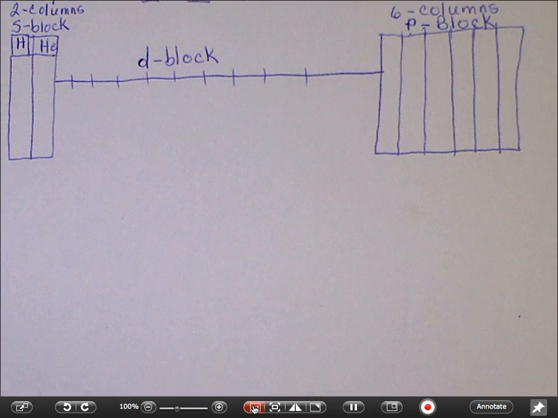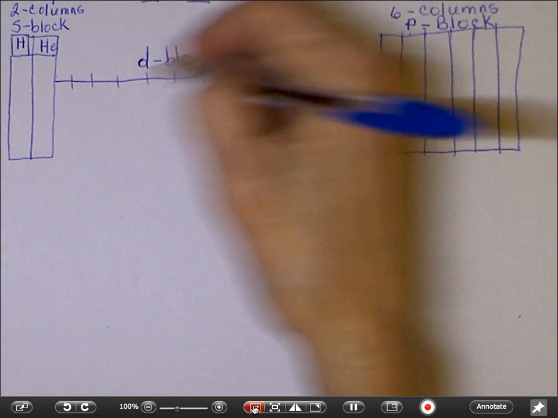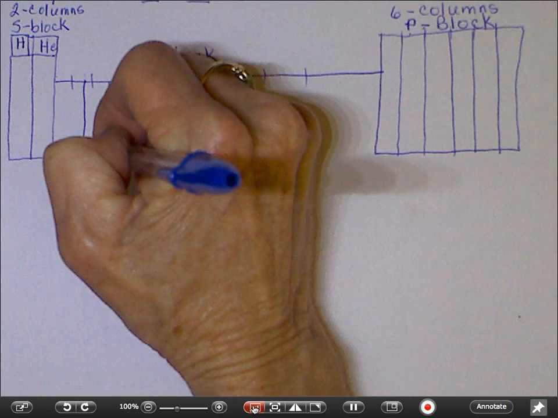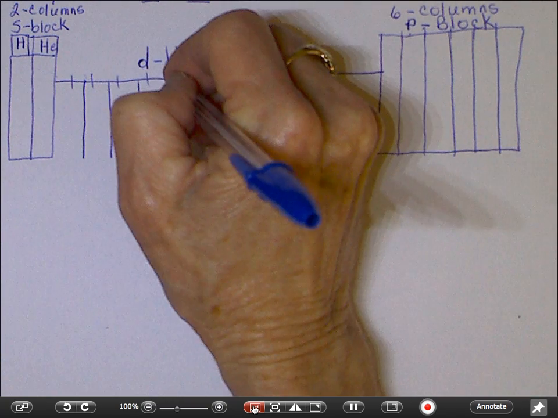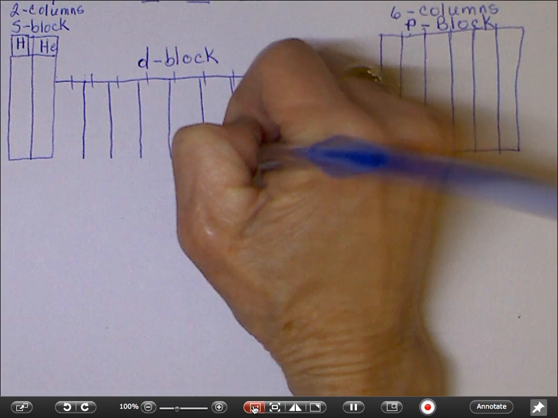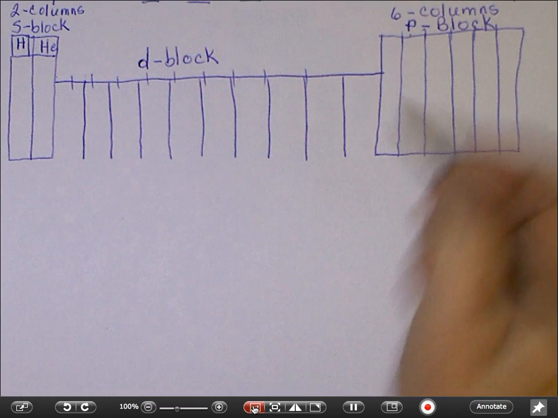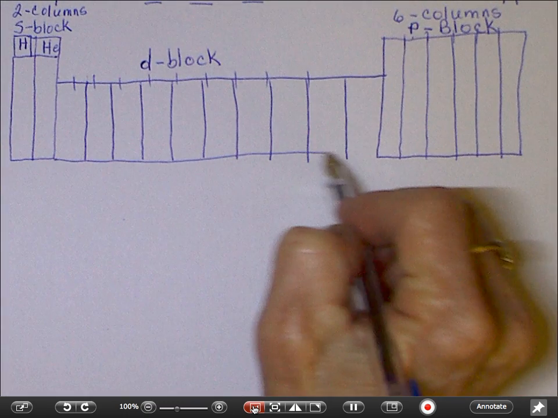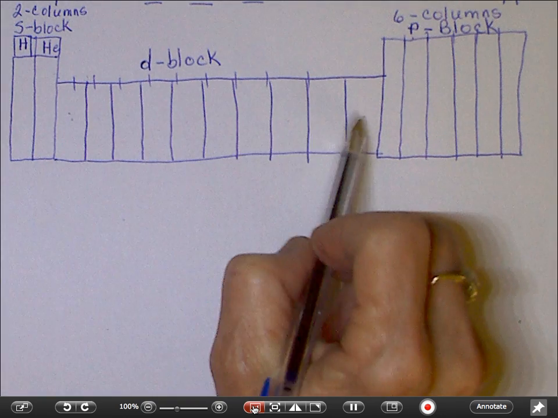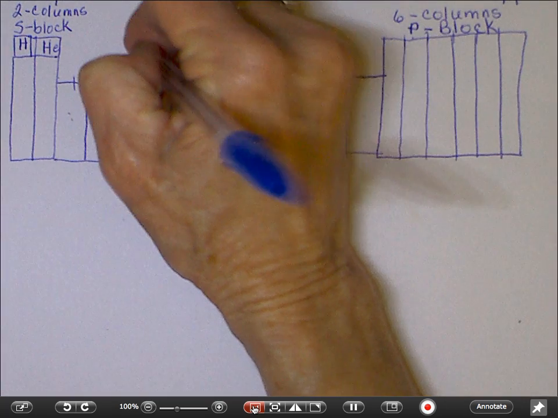Screwed it up. So do I have 10 columns? 1, 2, 3, 4, 5, 6, 7, 8, 9, 10. Everybody agree? This is called the D block with how many columns?